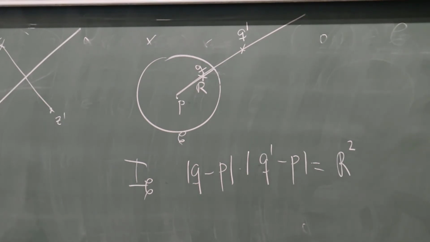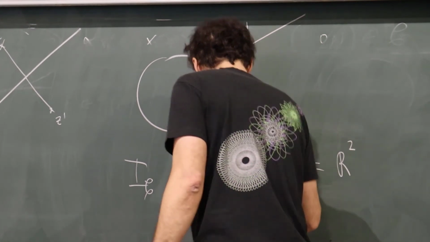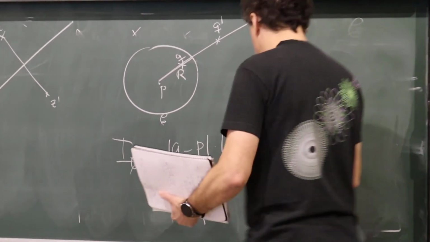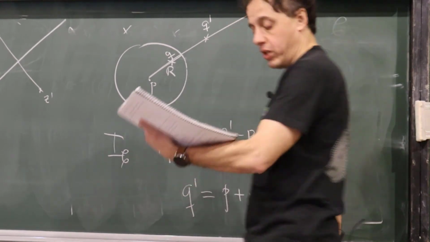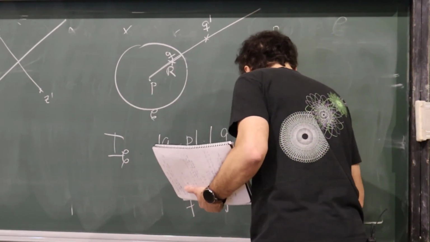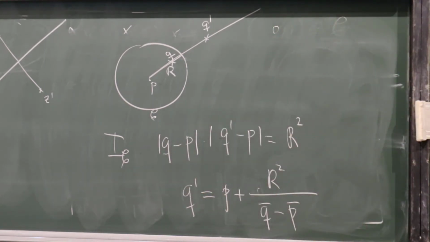There is only one point that verifies this condition. This point, in fact, must be the point P plus R squared, using complex coordinates, divided by the conjugate of Q minus the conjugate of P. You can verify easily, it's a very easy computation, that the point Q prime is this point.